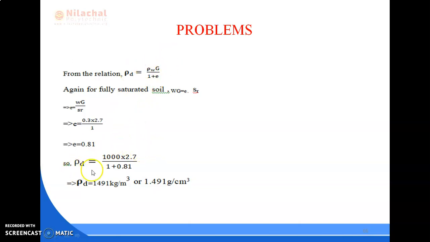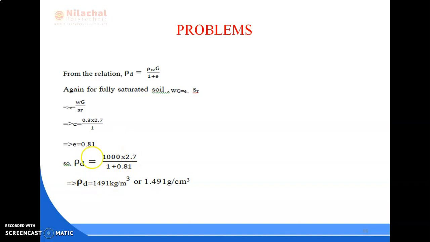So finally rho d equal to 1000 into 2.7 divided by 1 plus 0.81. So rho d equal to, this is the answer, 1491 kg per meter cube or 1.491 gram per centimeter cube.